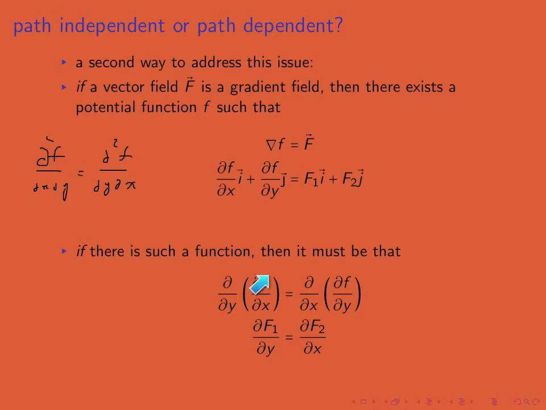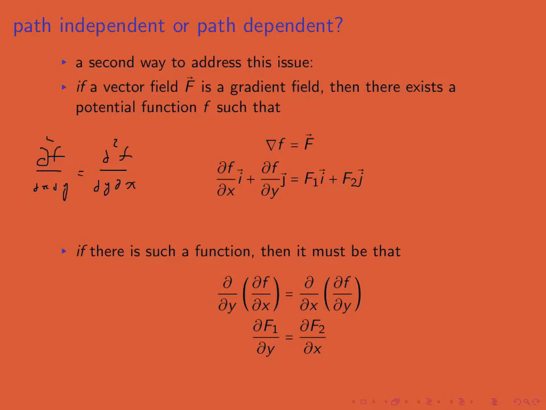So the partial of f with respect to x, notice that corresponded to the i component of the vector field F. And similarly, the partial of little f with respect to y, that corresponded to the j component of the vector field F. So I would need the partial with respect to y of big F1 to be equal to the partial of big F2 with respect to x. Okay, so if this is a gradient field, then this must be true.